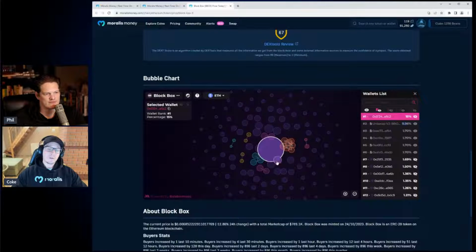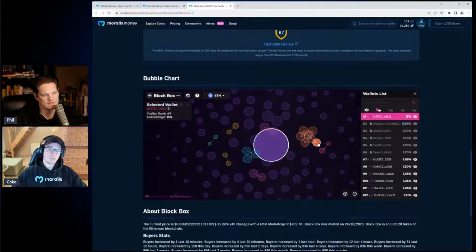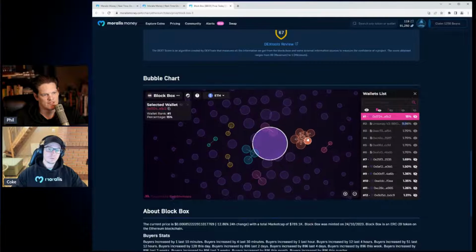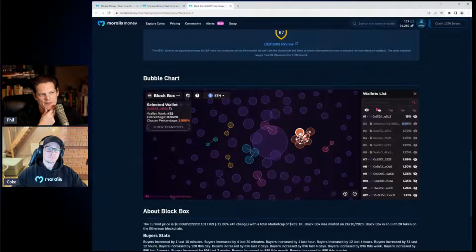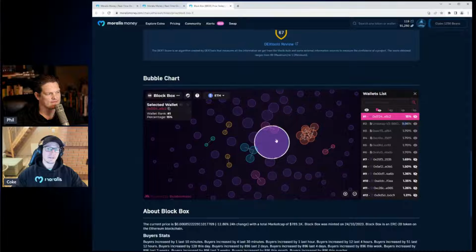But here again, we want to visually inspect the tokens. What we don't want to see is big clusters of wallets. Typically we wouldn't want that. Exactly, that's what we don't want. We don't want big clusters because it may indicate that they're trying to hide how many tokens they have, or we don't want to see a single or a couple of really big bubbles.